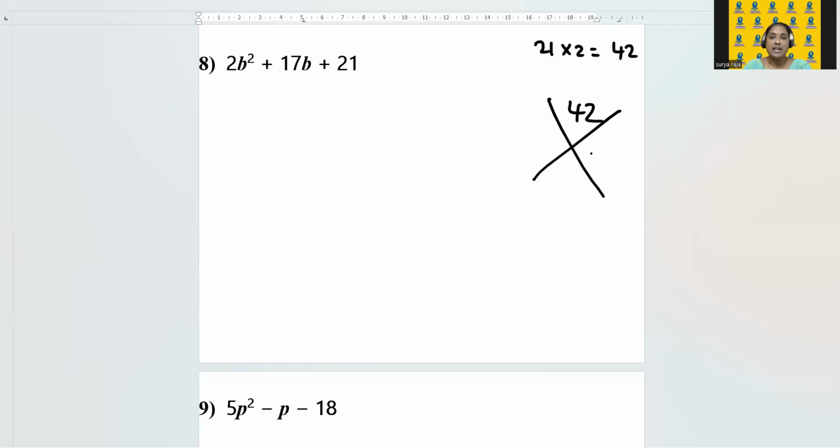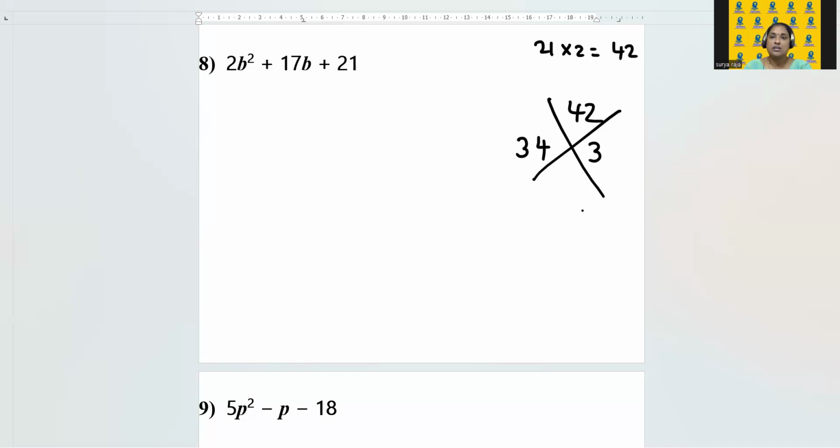And when you add both, you should get 17. Can I take 3? Multiple 3 as 42. So 34 times 3 would be 42. But when we add, we didn't get 17. So this won't work.